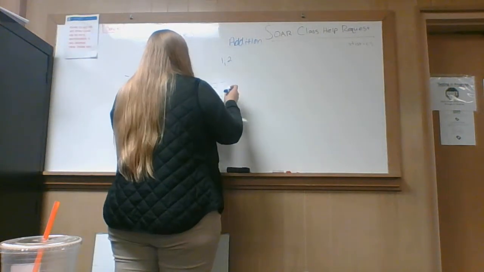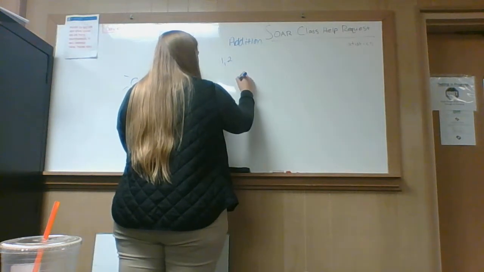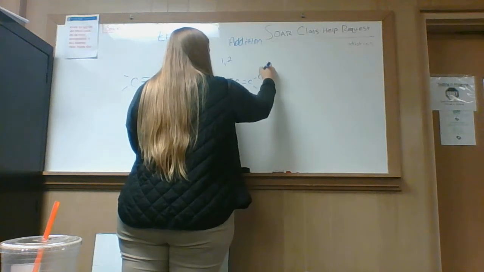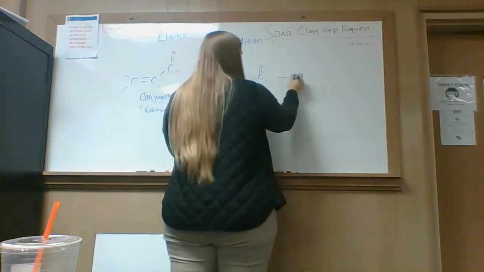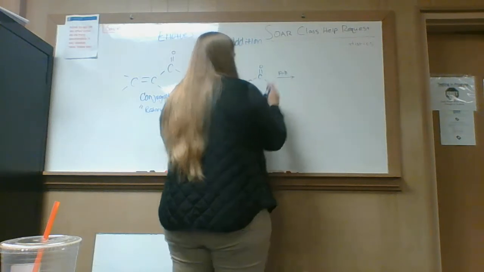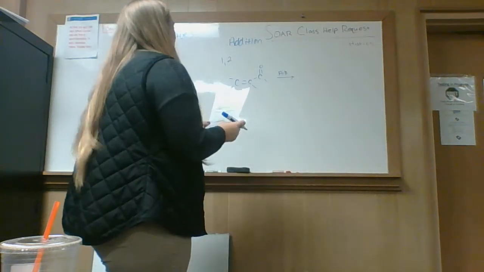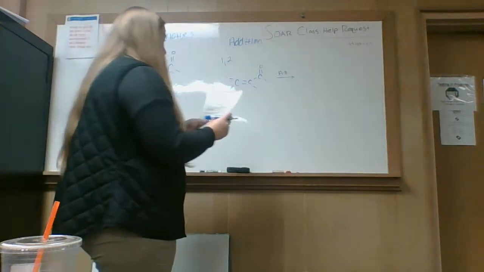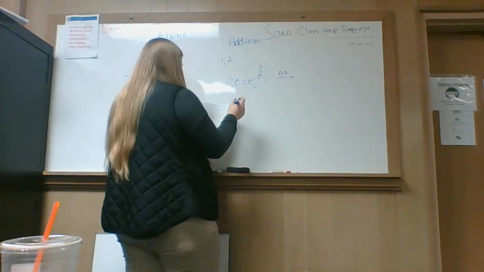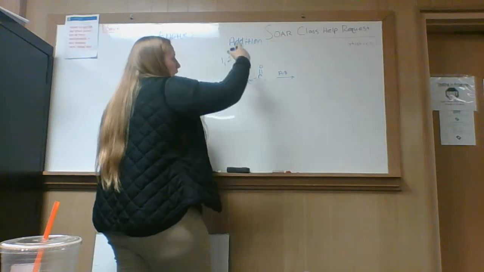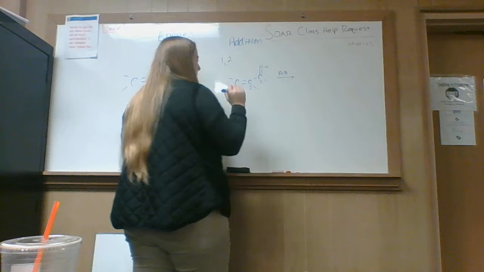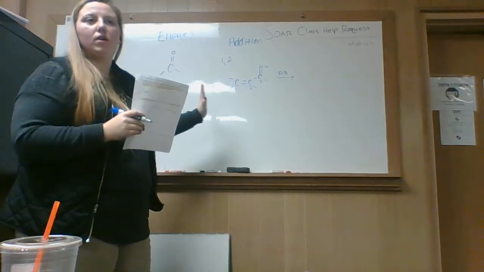1,2 additions, actually let me redraw this. If we react it with something, AB, okay, A is going to be added to one atom, B is going to be added to the other. If we were to kind of number our atoms here, 1, 2, 3, 4. This is where the 1,2 comes in.